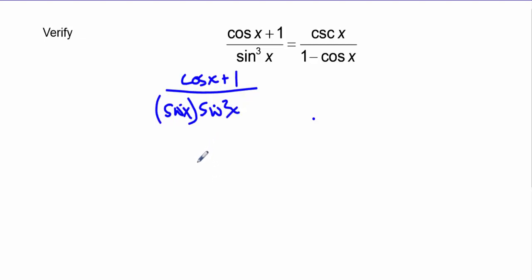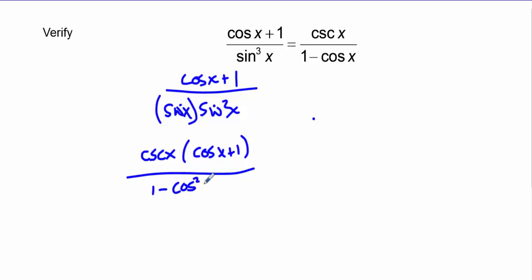So in doing that, first of all, I notice that 1 over sine of x is cosecant of x. Then I can say that that's times cosine x plus 1. Sine squared is 1 minus cosine squared. And hopefully you can see where I'm going now.